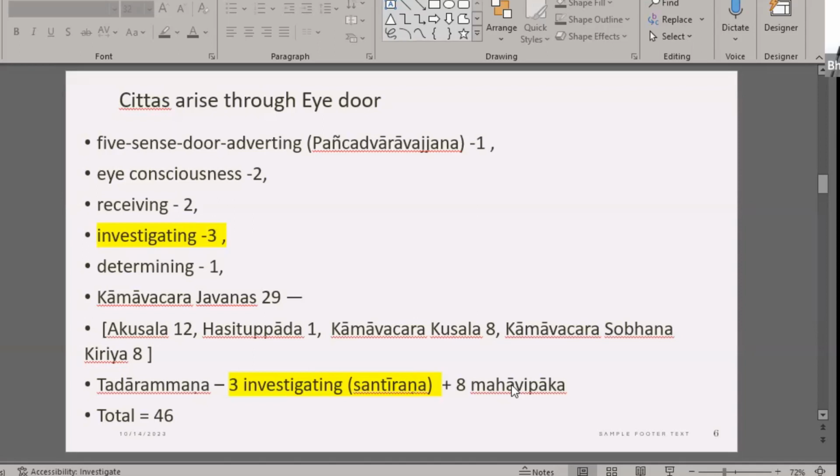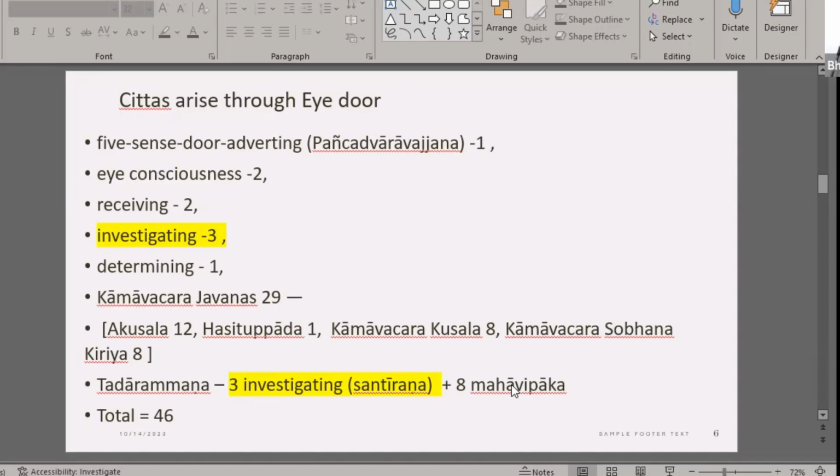Now let's count down. 1, Pancadvaravajjana. Eye consciousness, how many? 2. Receiving consciousness, Sampaticchana 2. Investigating 3, Santirana 3. Determining, Votthapana 1. Kamajavana 29.